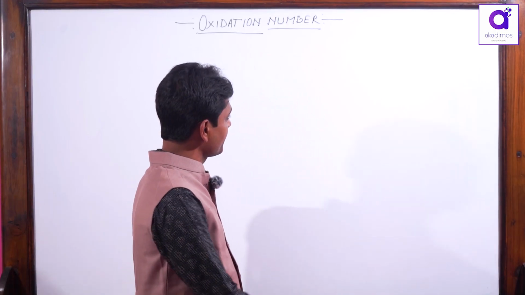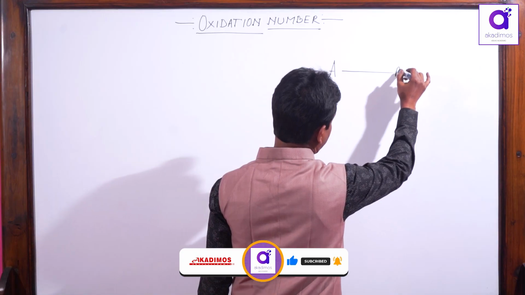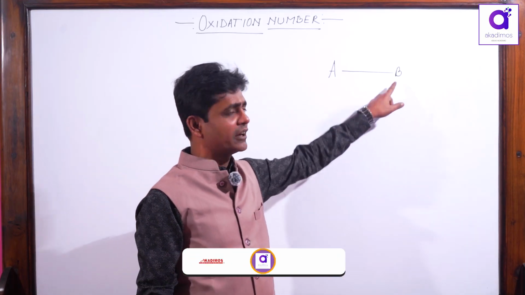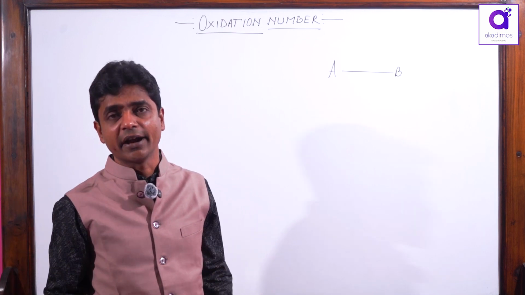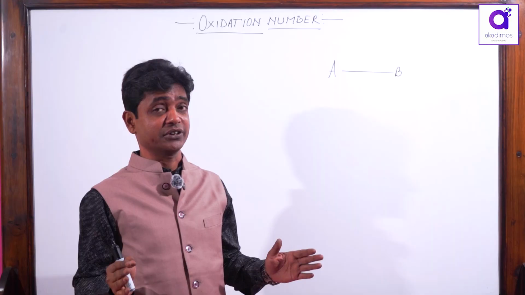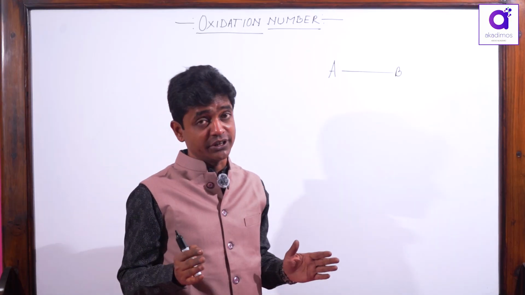Actually, remember, let there be a bond A-B. Since A and B are different atoms, their electronegativity must be different, and the bond is not purely covalent.